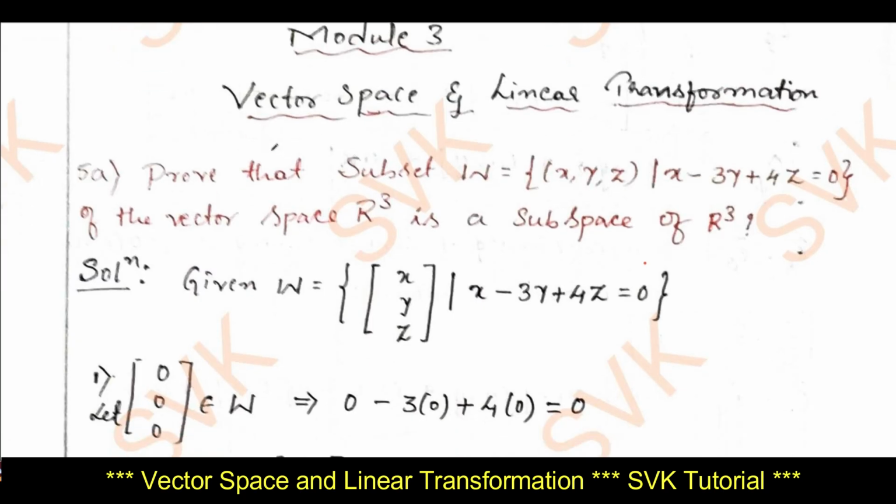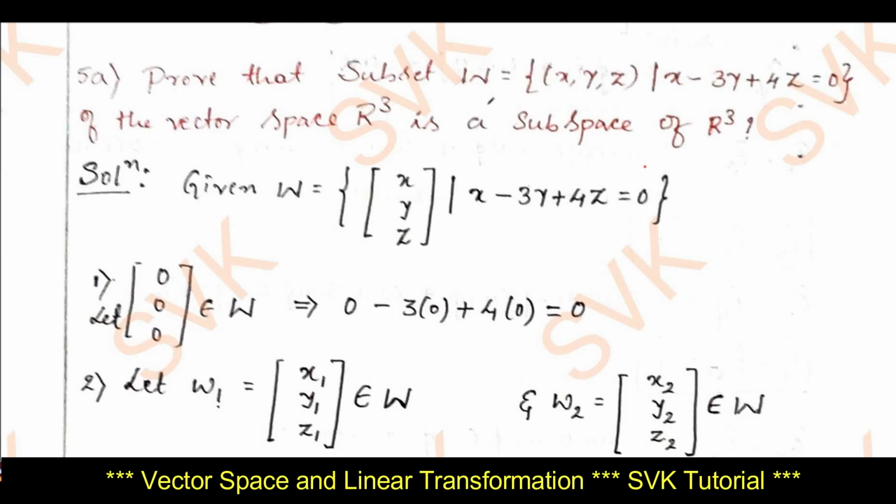So moving on to question number 5a: prove that the subset W = {(x, y, z) such that x - 3y + 4z = 0} of the vector space R^3 is a subspace of R^3.